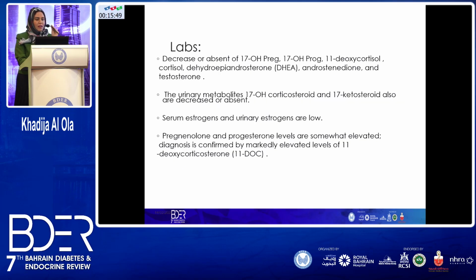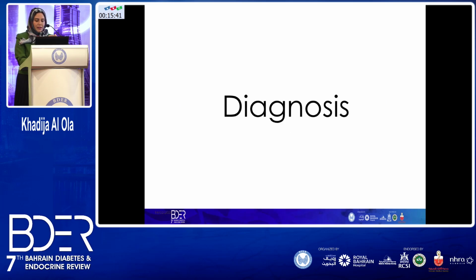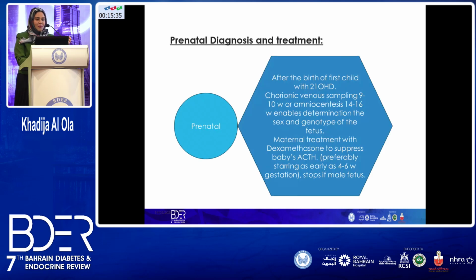And these are the labs that will be seen. The labs show increased precursors and low final products. So how can we diagnose? I said in some of the slides, the diagnosis can be prenatal if there is a suspected child.